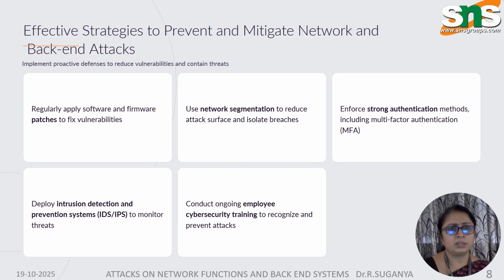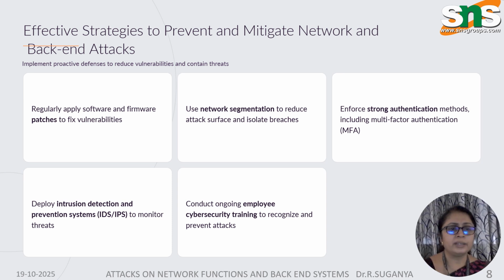And also effective strategies to prevent and mitigate network and backend attacks. Regularly apply software and firmware patches to fix vulnerabilities. Use network segmentation and strong password authentication. With multi-factor authentication, for example, questions like what is your favorite color or your favorite hero, we can have multi-layer authentication facilities.